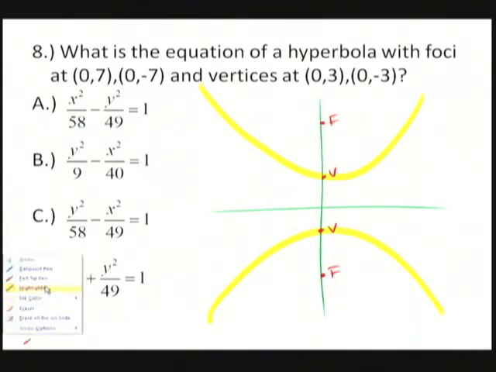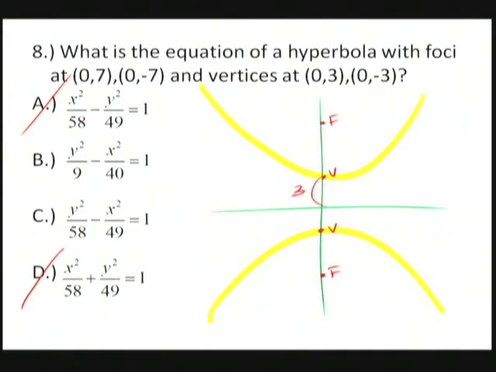So I notice that it opens in the vertical direction, so I'm looking for a hyperbola that starts with y. So automatically A and D are out. And since the distance to the vertex is 3 units, remember when I square that I get 9, so the number underneath y squared should be 9, so that's B.